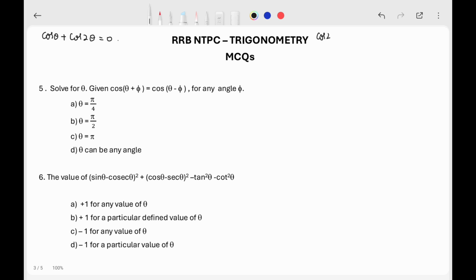What is cos 2 theta? Cos 2 theta is equal to cos square theta minus sin square theta. In terms of cos square theta, we can write cos square theta minus 1 minus cos square theta, since sin square theta is nothing but 1 minus cos square theta. That is equal to 2 cos square theta minus 1.